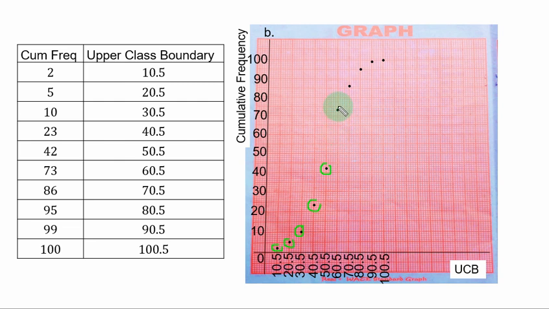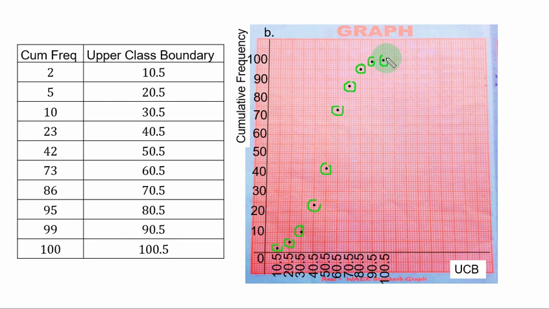After 70, you count 3 lines up against 60.5. You have 86. After 80, you count 6 lines upward. Then you have 95. After 90, you count 5 lines upward. Next is 99, and you have 100 against their respective upper class boundaries.